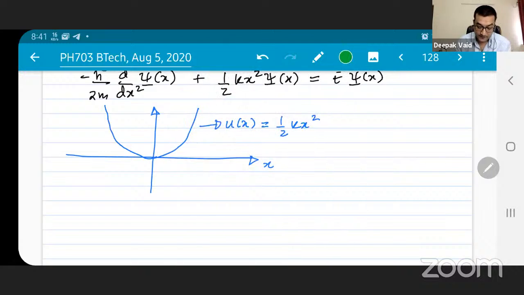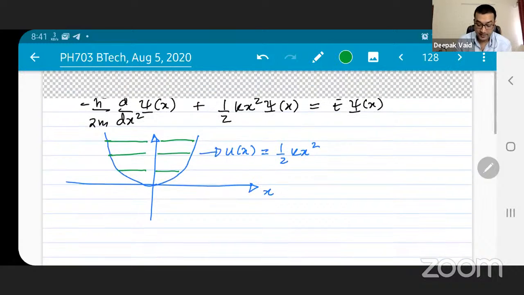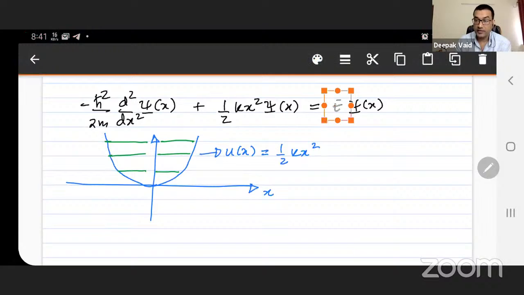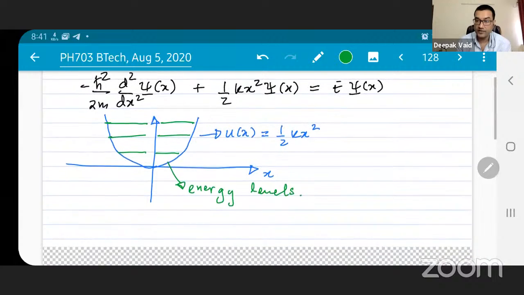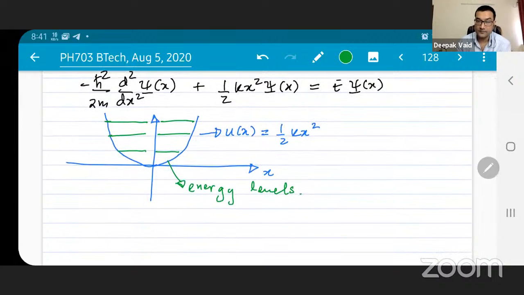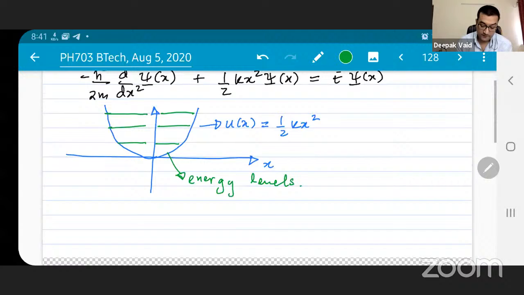Now what will happen is, when we solve Schrodinger's equation, we will find that the energies E can only take on a set of discrete values. So these are the energy levels, and there is a discrete set of energy levels and there is an infinite number of them. Okay.